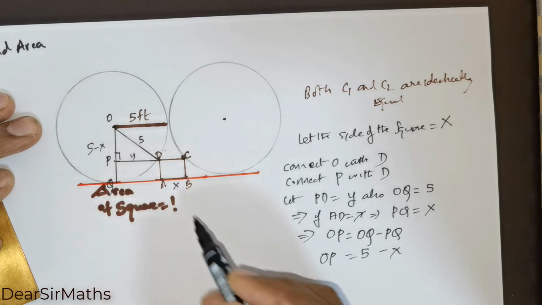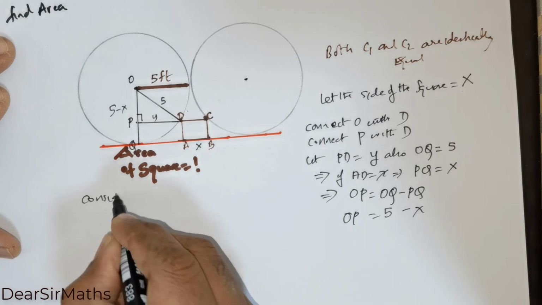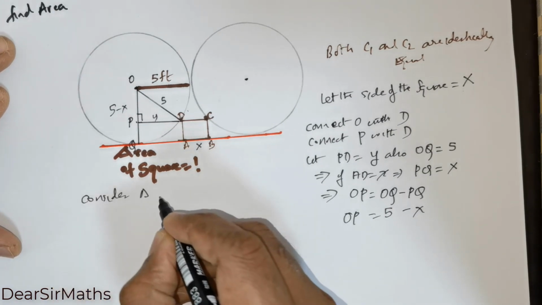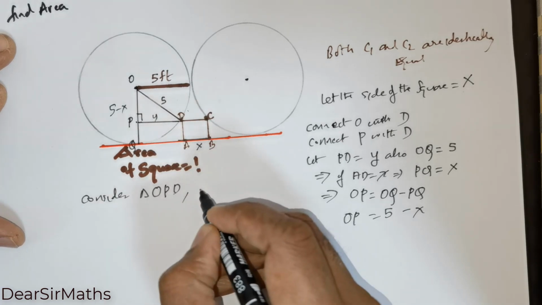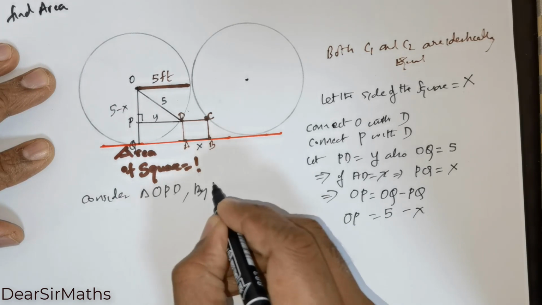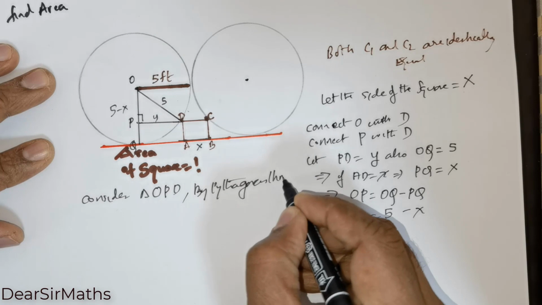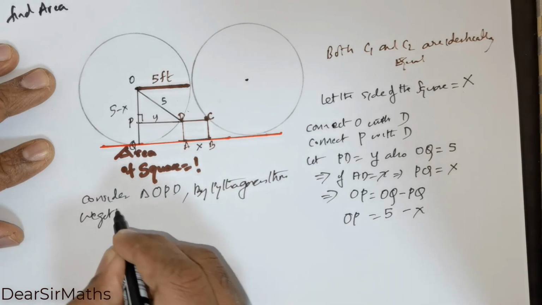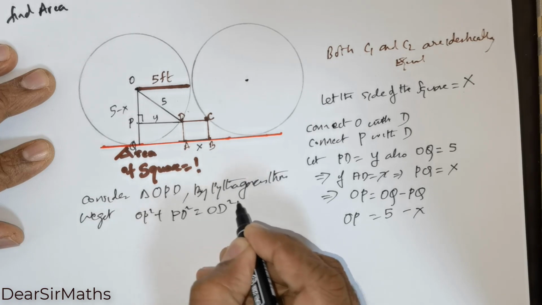Now this is 90. So consider triangle OPD, and since angle at P is 90, by Pythagoras theorem we get OP squared plus PD squared is equal to OD squared.